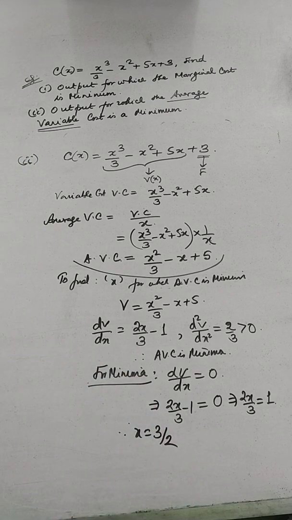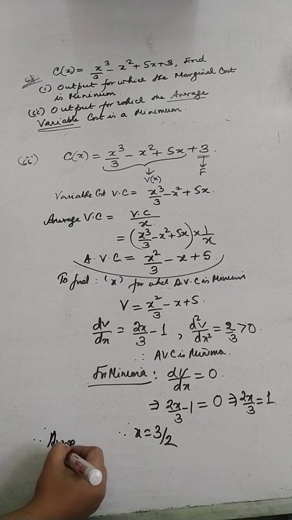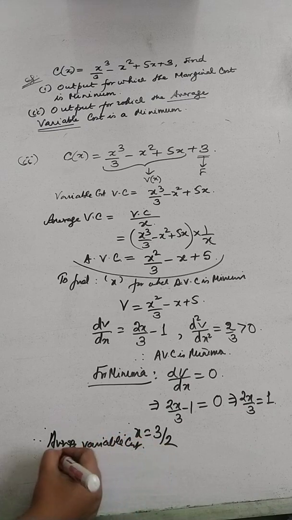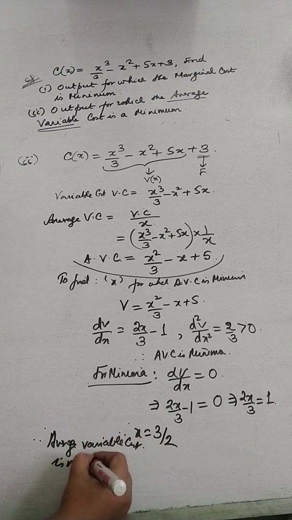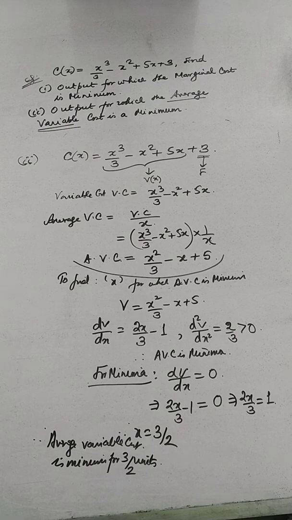So what will be your conclusion? You will write, therefore, average variable cost is minimum for 3 by 2 units. Number of units cannot be fractional, you will say that, but then the minimum has to be this.